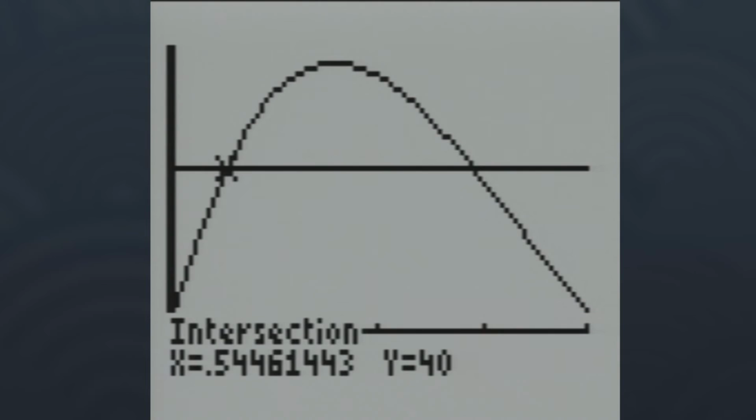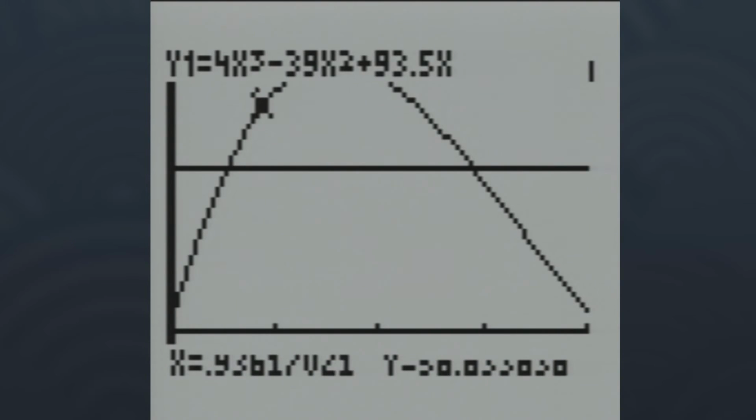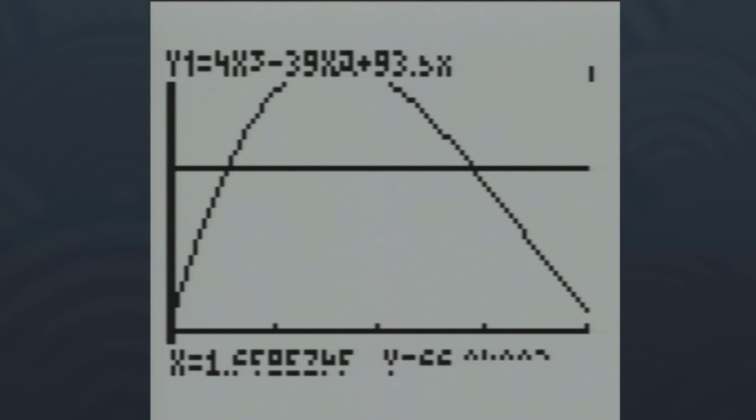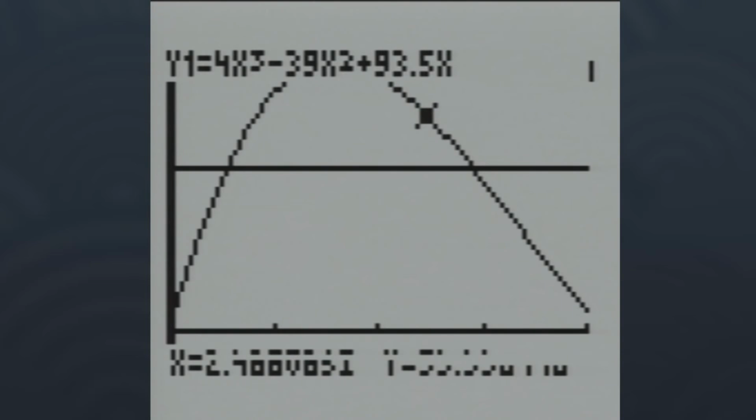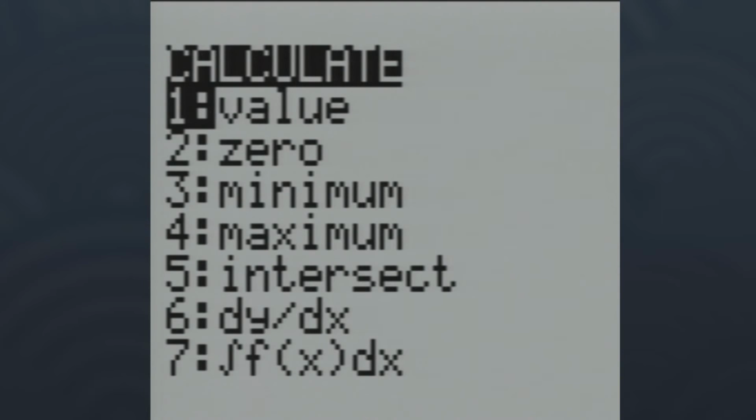Well, there is another possibility because there is another intersection point. So let's hit trace again, and we'll go over to that intersection point on the right. And again, you just have to get kind of close to it. Your numbers might not be the same as mine. Do second trace, down to intersect.